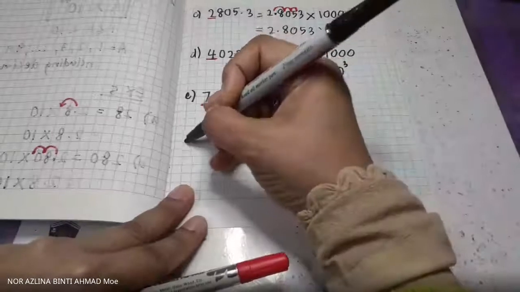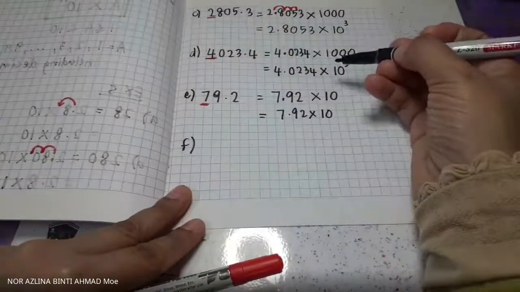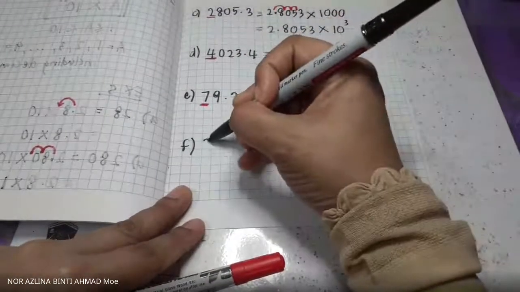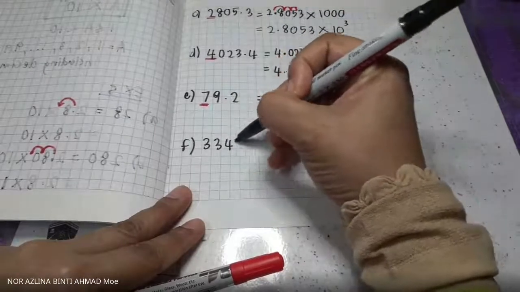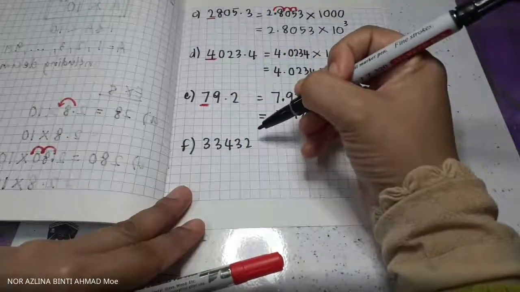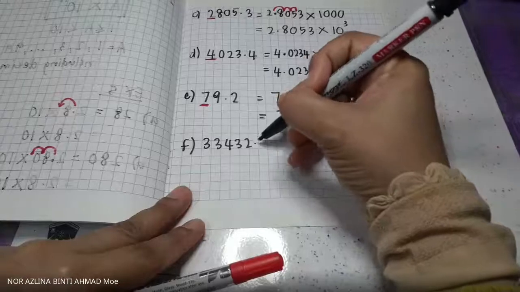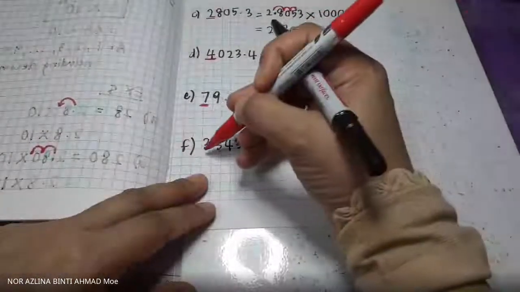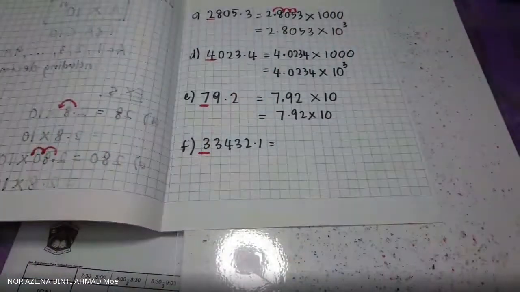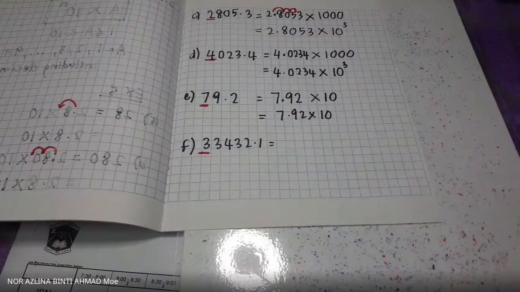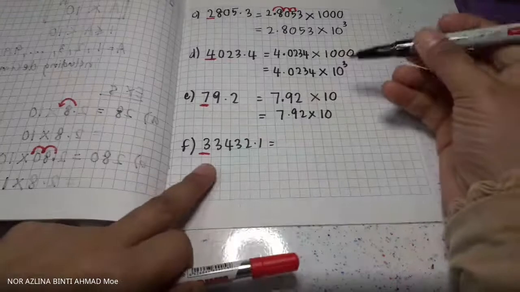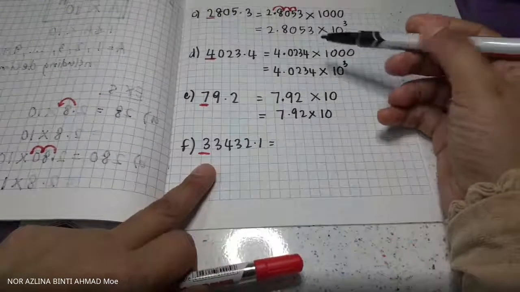Okay, next. F. If I have 3342.1. Okay. We look at the first number 3. So what is the place value?